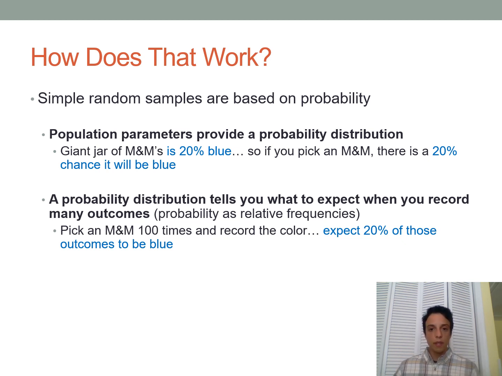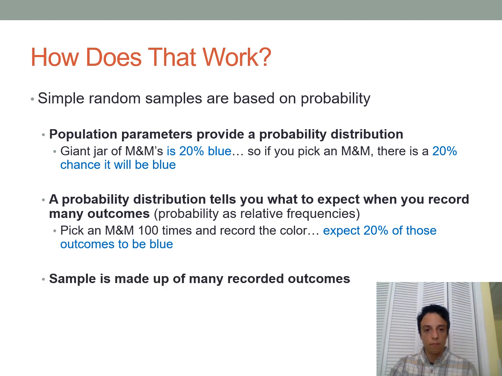And we can also interpret this based on our definitions of probability as saying that if we were to repeat this process 100 times, we would expect 20% of our outcomes to be blue. So 20 out of those 100 M&Ms should come up blue if you have a 20% chance of picking a blue M&M each time. So these are concepts that we encountered when we first started talking about probability.